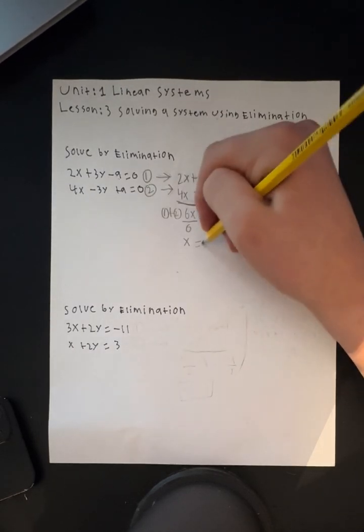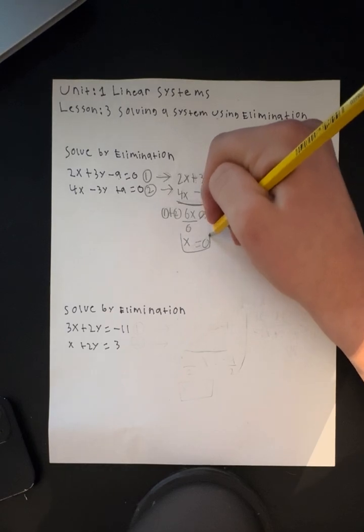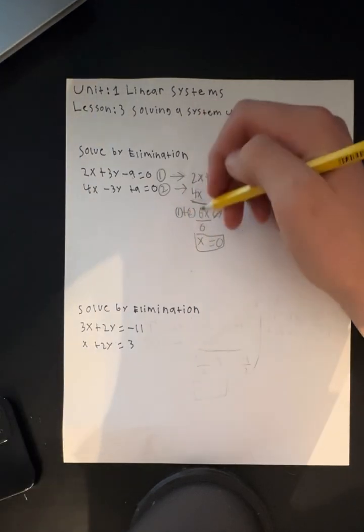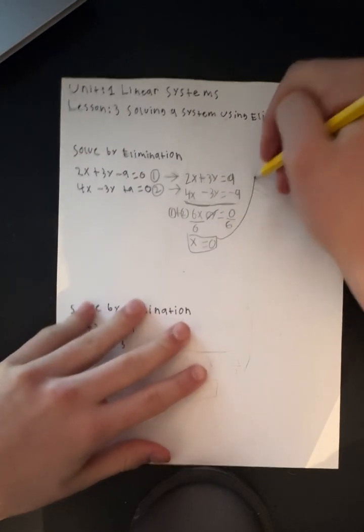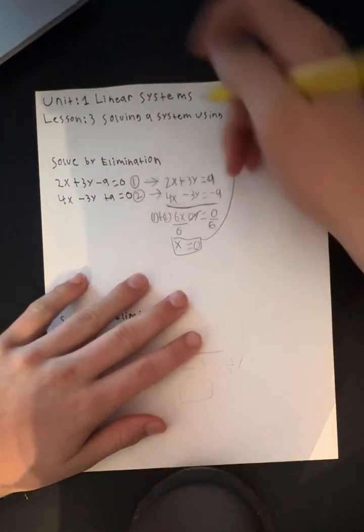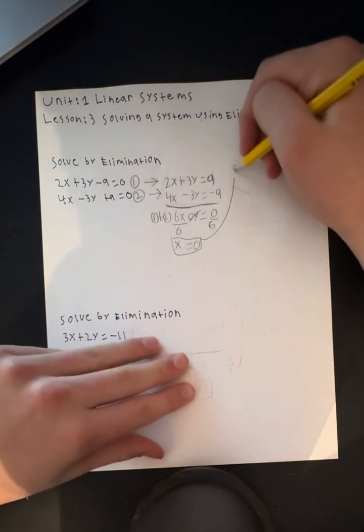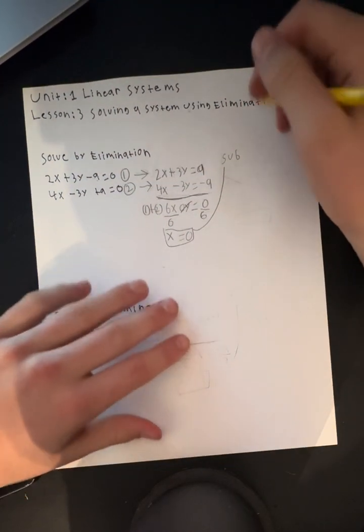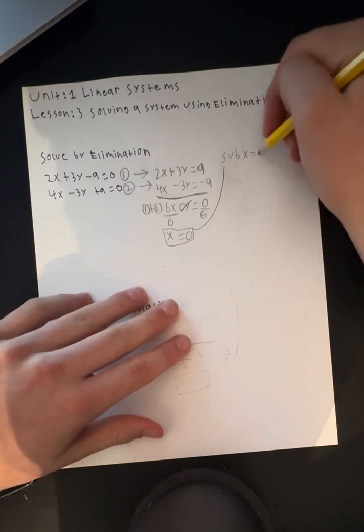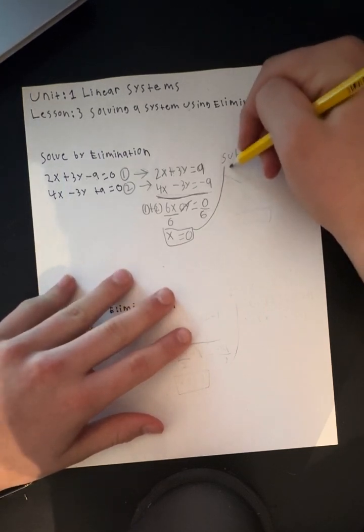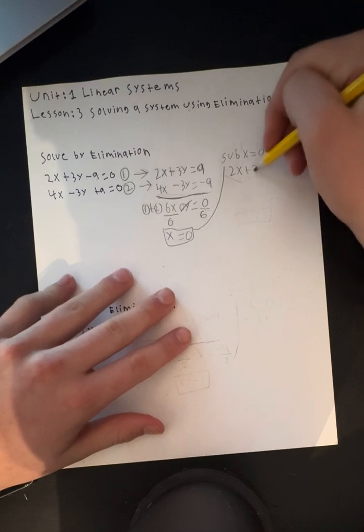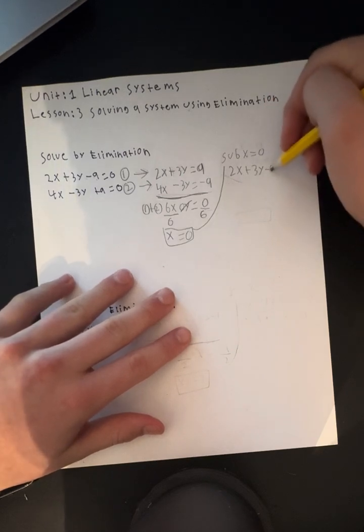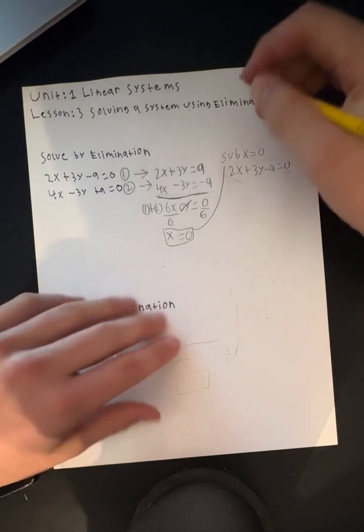So x equals 0. I will sub this information into my first equation. So I will sub x equals 0 into 2x plus 3y -9 equals 0.